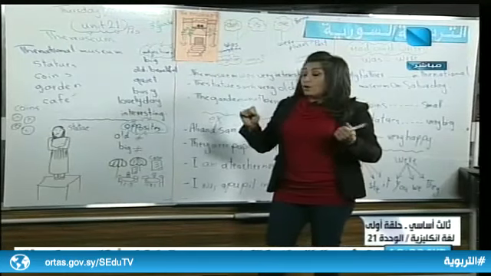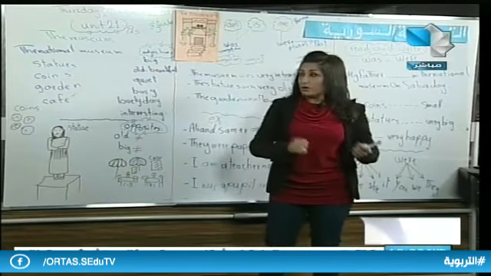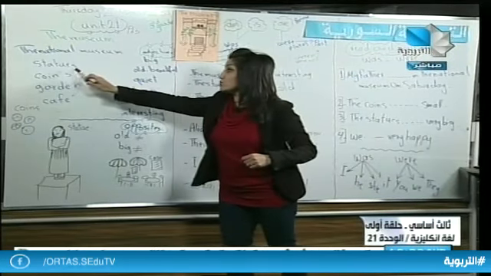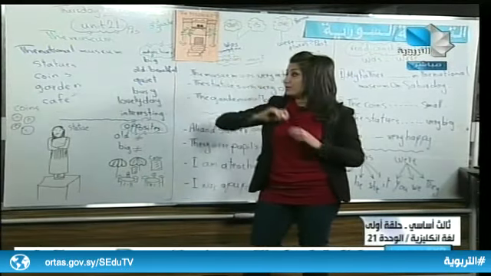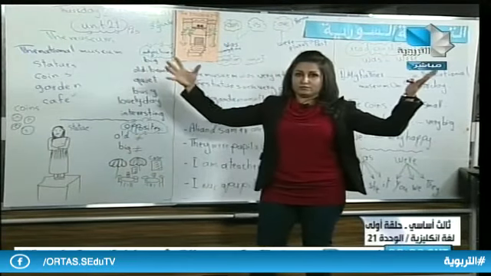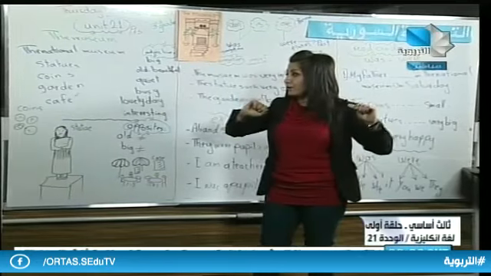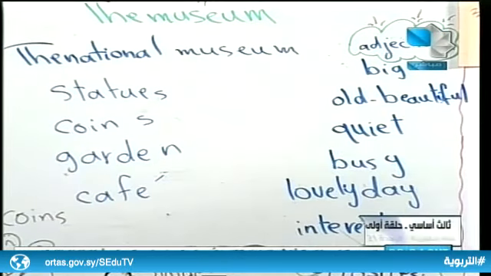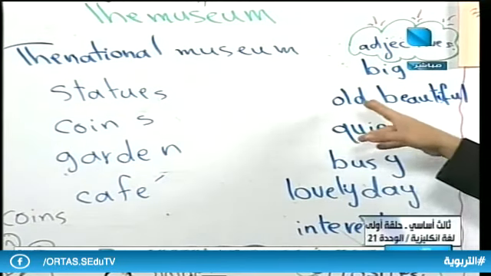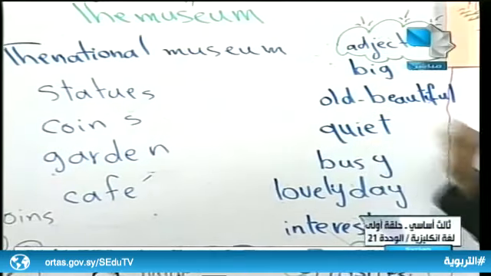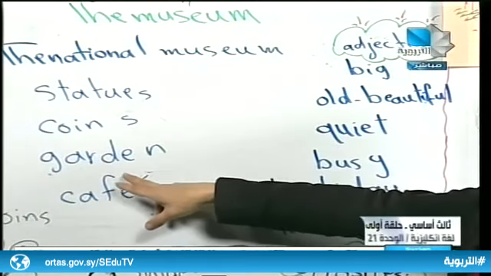When Omar went to the museum, he saw the statues. Listen to me carefully please, the statues were very big. The coins, as we said, were very old. What about the garden?